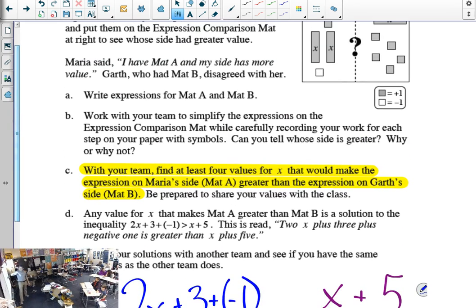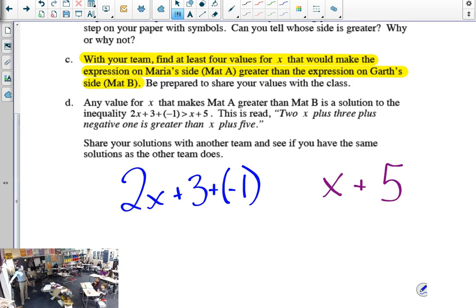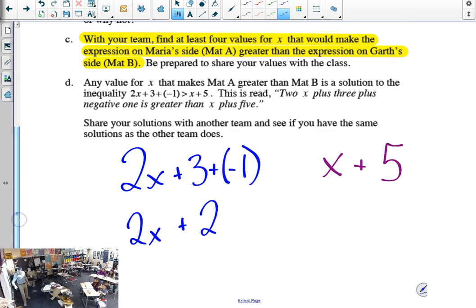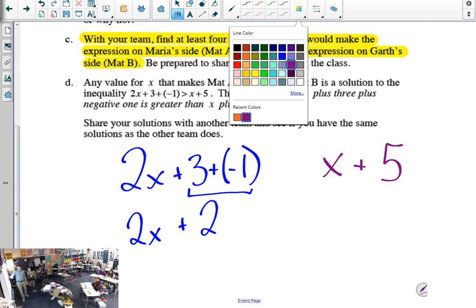If you're working physically with the mat, this tile and this tile can make a 0 pair. So we can combine the 3 and the -1. We're really just adding. But 3 plus a -1 makes 2. So those get combined together. And my right side is still the x plus 5.